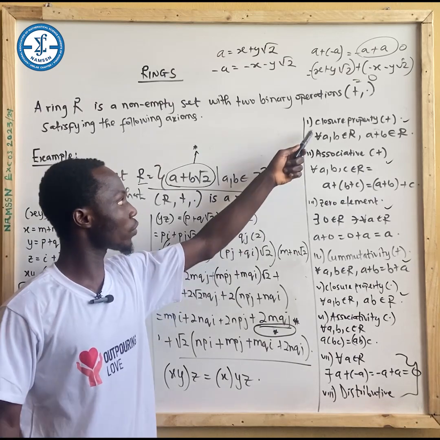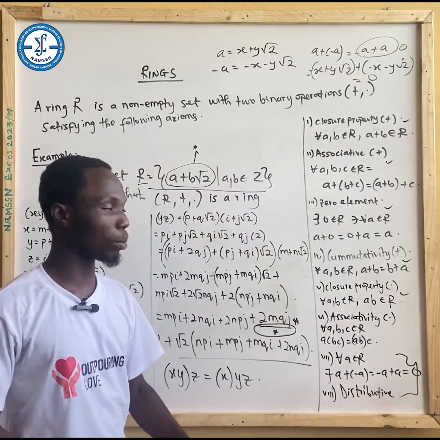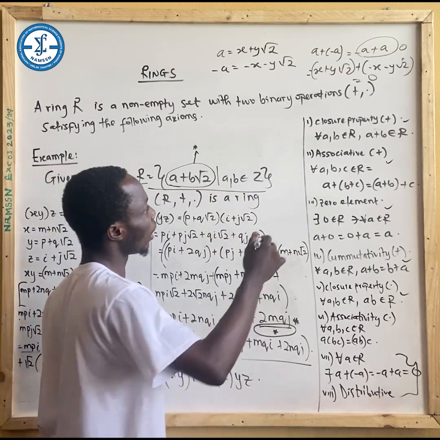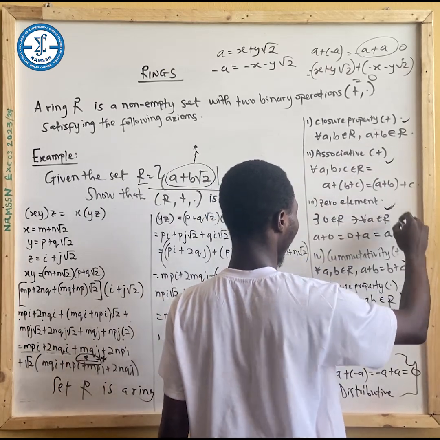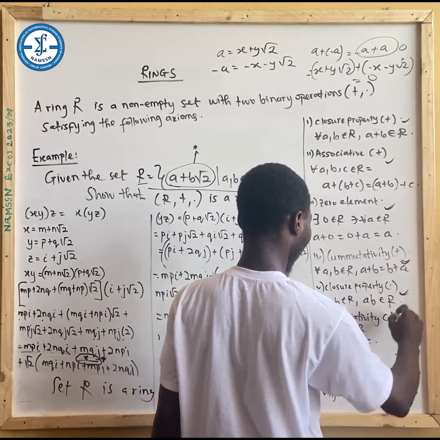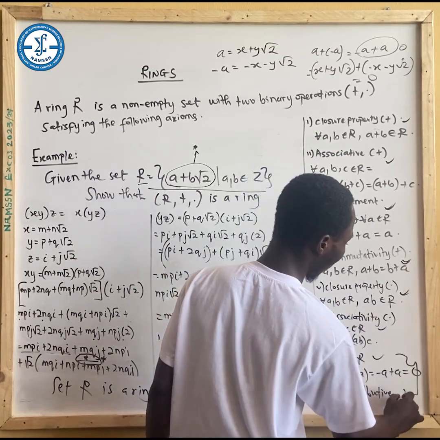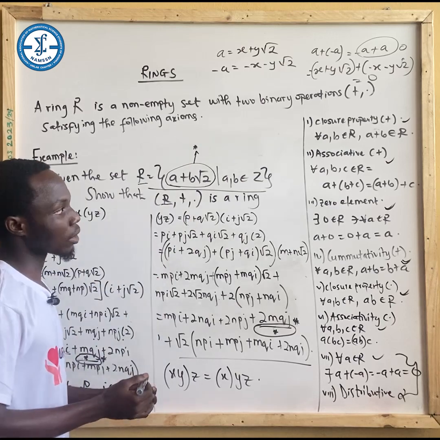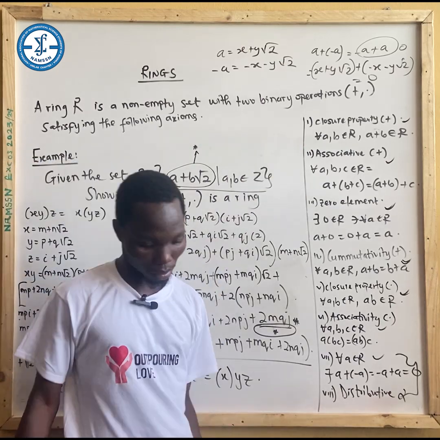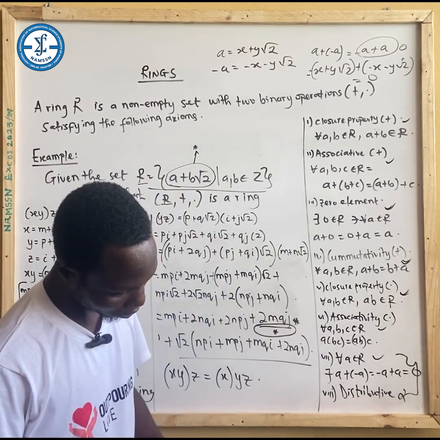If it does not satisfy any one of these properties, then it is not a ring. Let's assume we're able to show that this is correct, this is correct, this is correct, and then there was a fault here. This is not a ring. So it must satisfy all the properties of a ring.